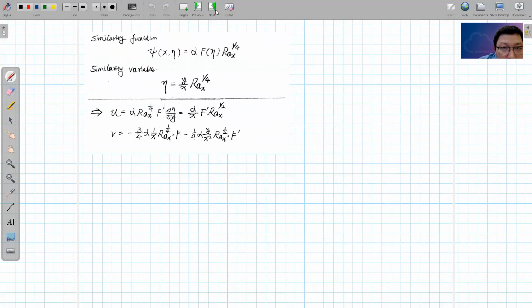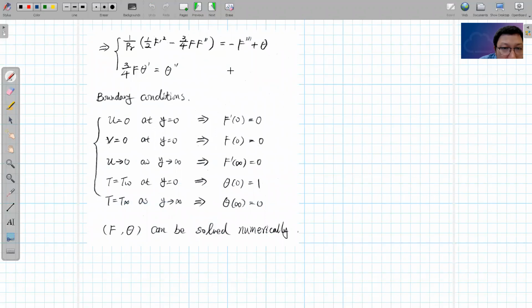And let's continue. The final form of the governing equations will become this one. This is for f, and this is for theta. So this will be a 3rd order ODE on f.